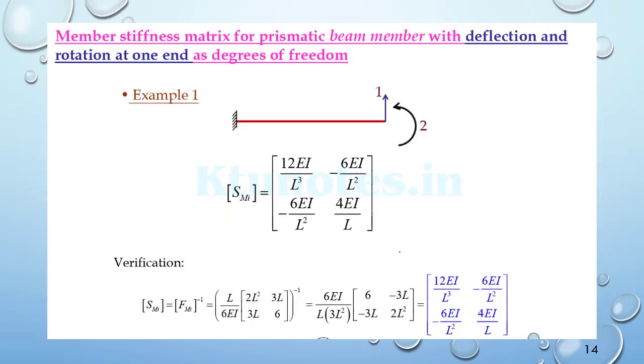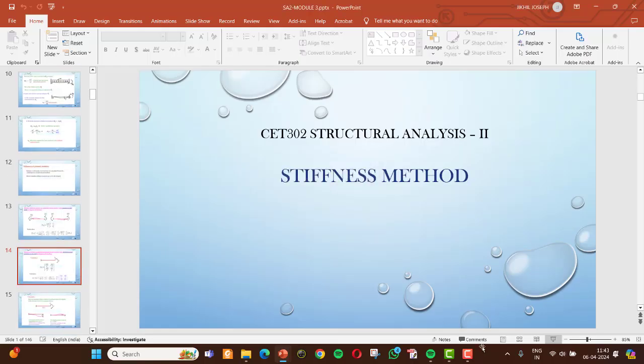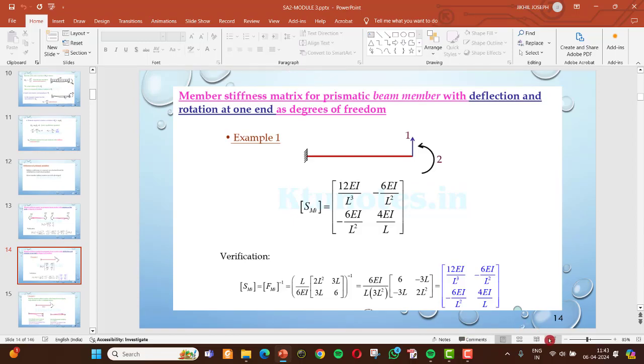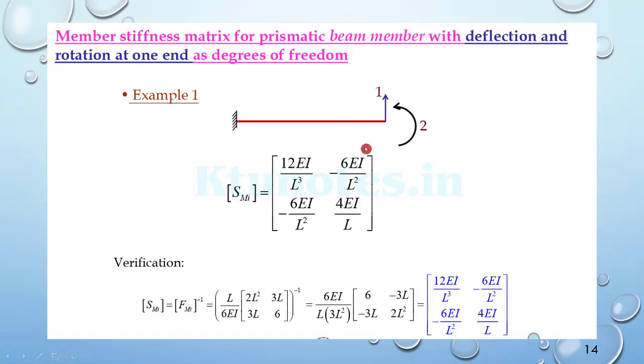The next one will be the member stiffness matrix for a prismatic beam member with deflection and rotation at one end as degrees of freedom. So for this example, you have degrees of freedom 1 and 2.